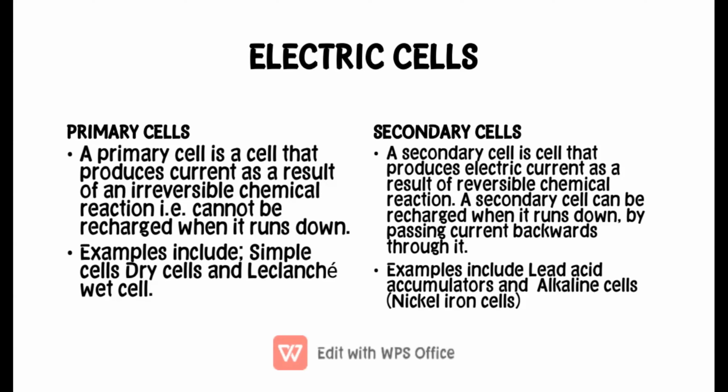You can't take back the reaction. So since we can't take back the reaction, once the charge runs down, you can't recharge that cell. Cells that fall in that category, which you can't charge, will be called a primary cell.